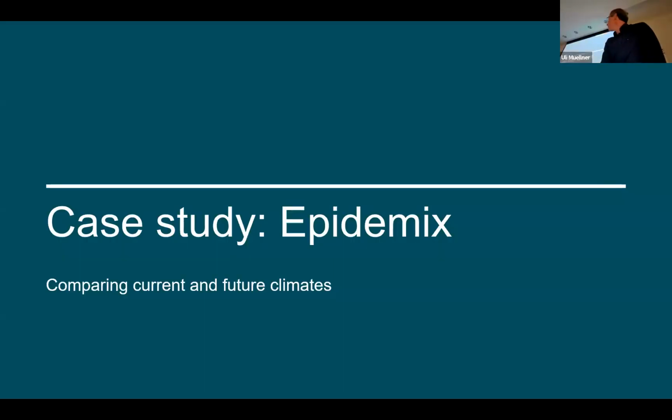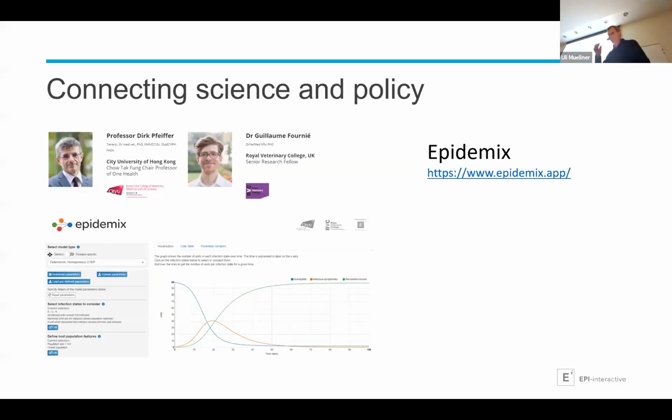Third example I'd like to show you is epidemics, and some of you might already have come across it. The vet school now uses it as part of teaching of disease models. That's a collaboration project we've done with the University of Hong Kong, with Professor Pfeiffer and Guillaume Vanille, who used to be at RBC.